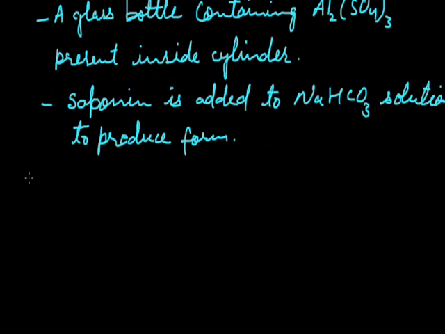Working of this fire extinguisher, it's quite simple. When the knob of this foam type fire extinguisher is pressed, the glass bottle containing aluminum sulfate solution breaks and comes in contact with the sodium bicarbonate solution, and following reaction takes place.